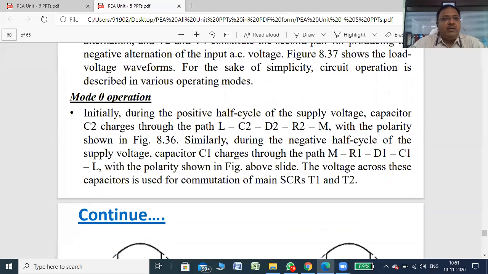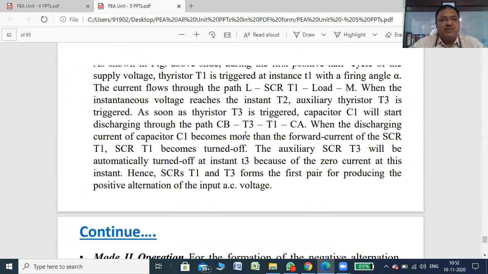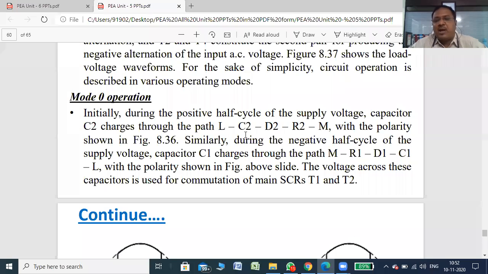Then this circuit will work in different modes, which we will see first. Mode 1: initially, during the positive half cycle of the supply voltage. This is the operation working. So this is AC to AC. We consider the first positive half cycle, or you can consider the negative also.